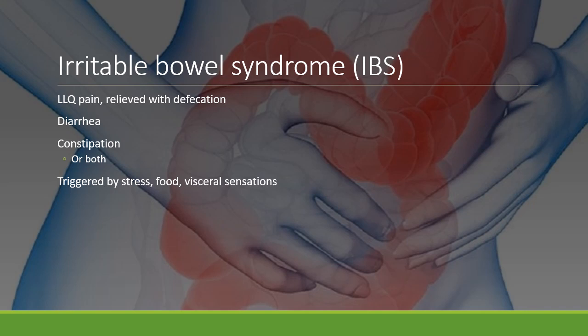So we're helping patients more and more pinpoint what exactly their primary problem is and then treat those. So stress management, diet control first, and then medications are available to treat the symptoms if diet and stress management don't help.